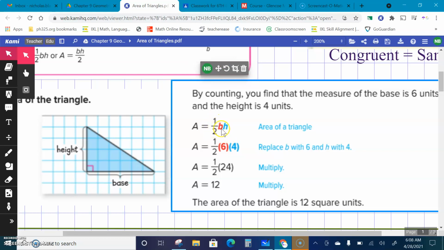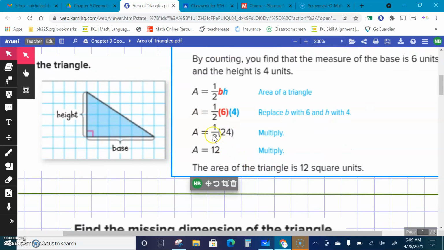Let's figure out what base times height is. 6 times 4 gave us 24. Now it says half of 24, so we divide 24 by 2, and half of 24 is 12. So the area of the triangle is 12.